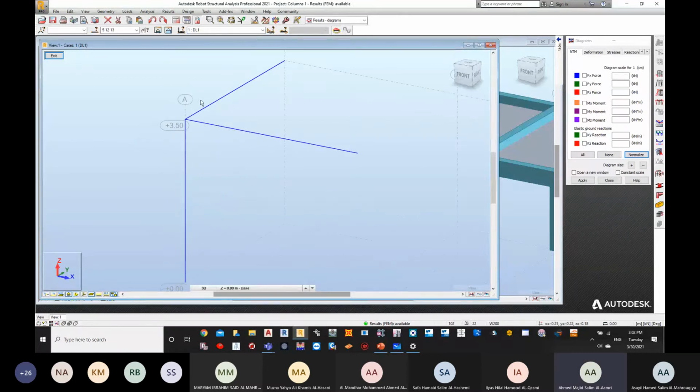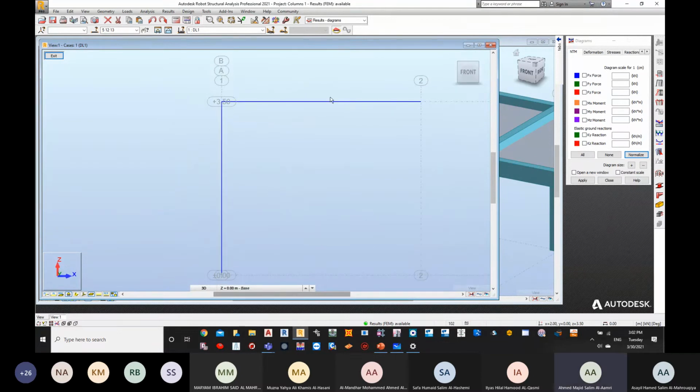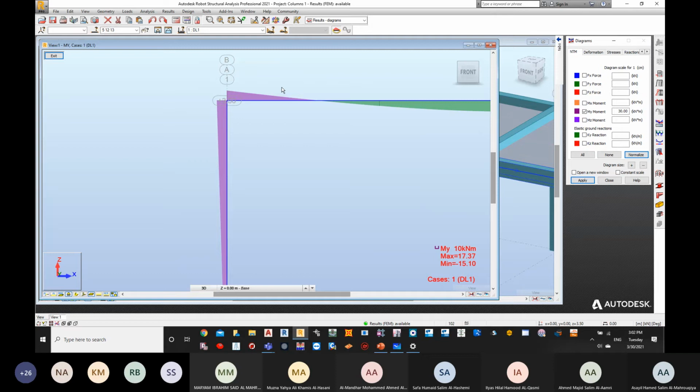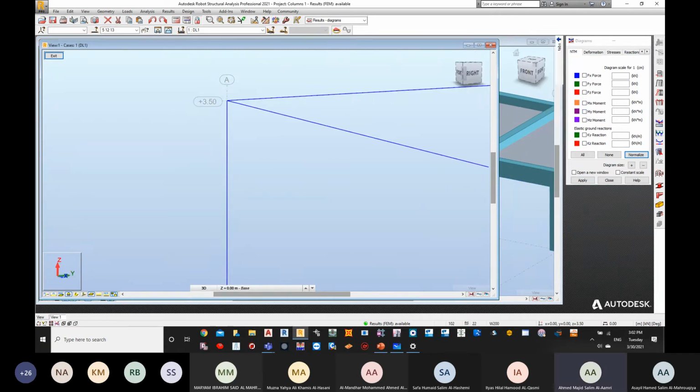removing the section, you will see that this particular beam is going to push my column on the left side. So you are seeing that the column has been pushed to the left side. The same thing goes to the other direction.